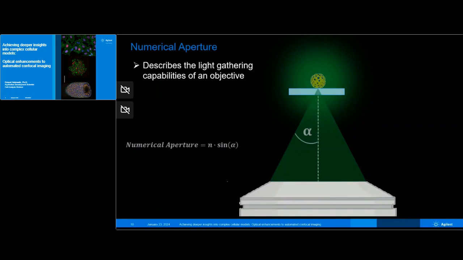The amount of light that you're collecting depends on the half aperture angle, or alpha, which is described here in this equation. So the numerical aperture is influenced by a combination of both the refractive index, which is n, multiplied times the sine of that half aperture angle, alpha.